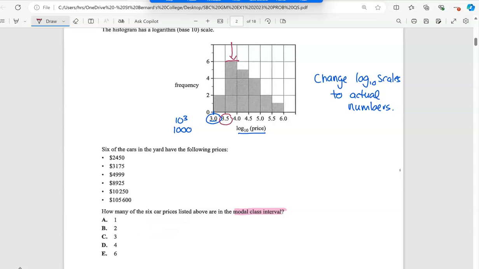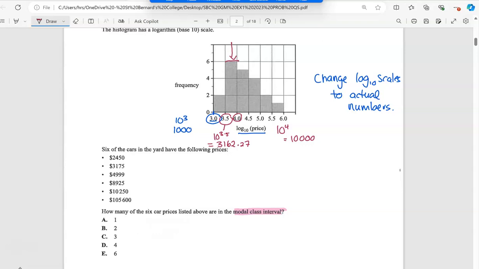So really it's 10 to the power of 3.5. And if you calculate that number, it's 3,162.27. And then we've got this one, so 10 to the power of 4. A quick way to remember it, it's just the 1 with 4 zeros, if you want to quickly do it. So it's any ones between 3,100 and 10,000.